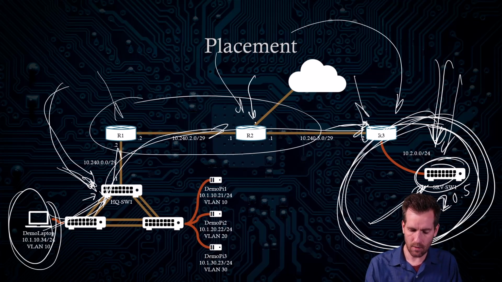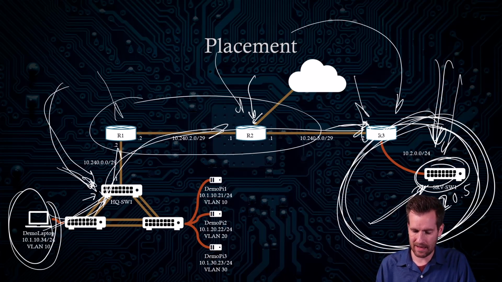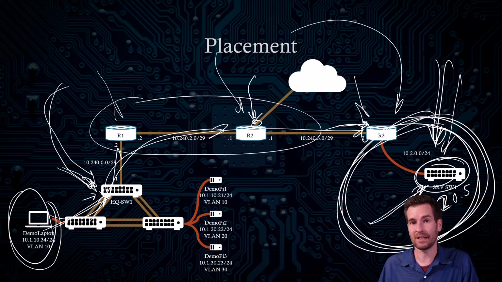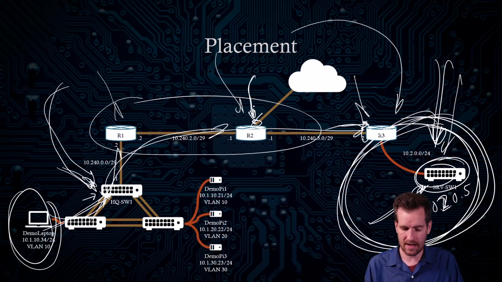And so the ACL would go on this interface, and it would be for the traffic that's coming into that router. That's where we would place that ACL. It also happens to be a very secure place to put it because that's where I want to control access to the rest of the network. So a lot of what you would place in this particular network would go right here on this interface.